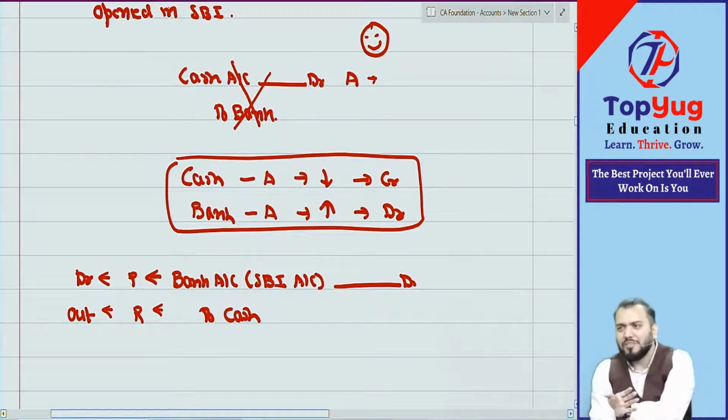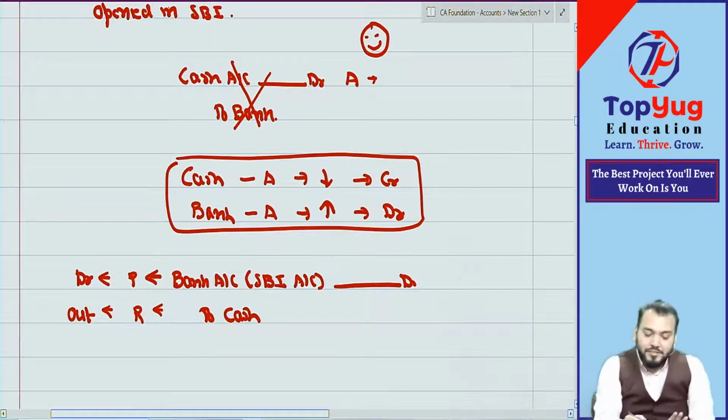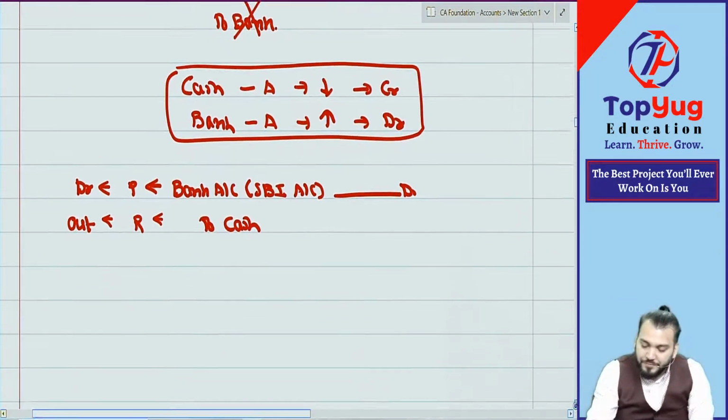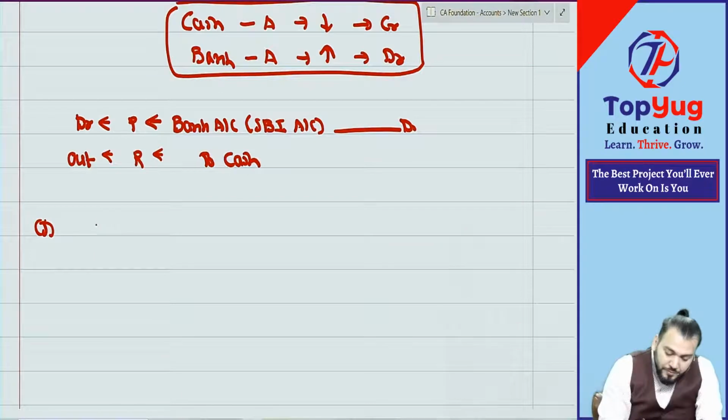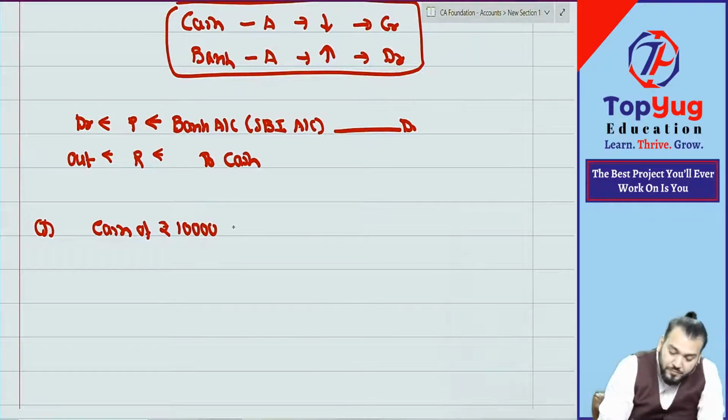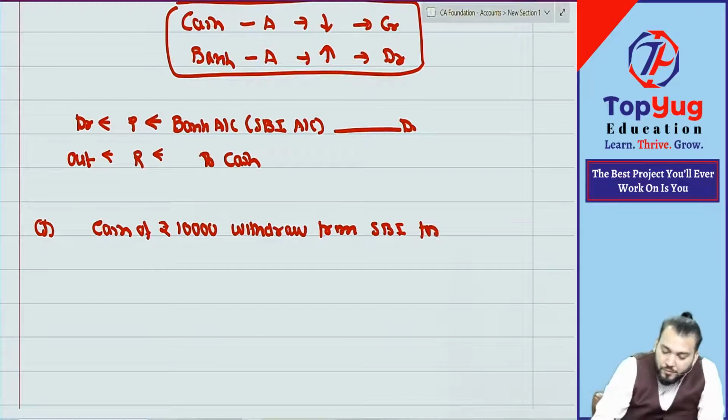Now, this you have understood. Can I give one more transaction? Point A: cash of rupees 10,000 withdrawn from State Bank of India for office use.